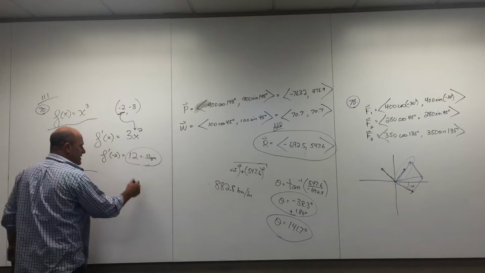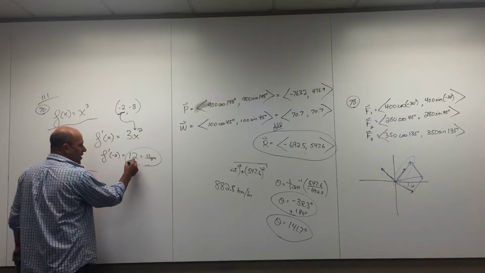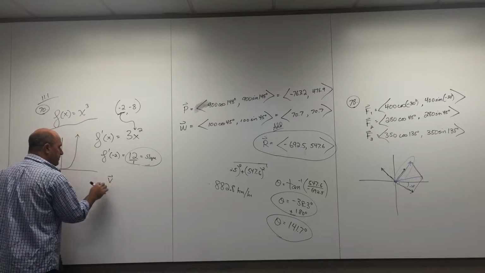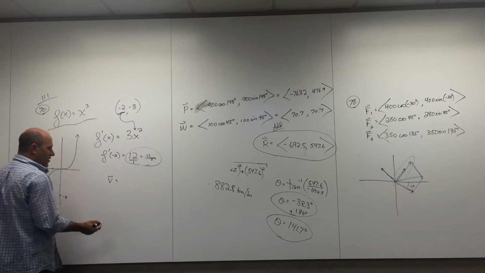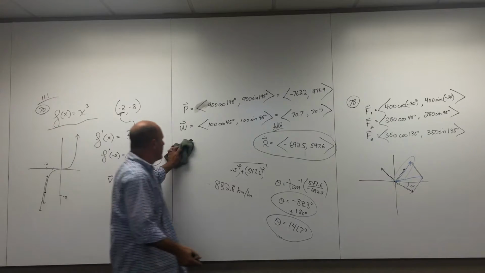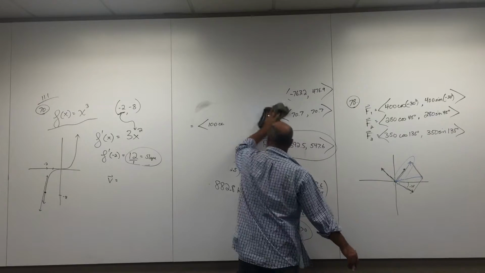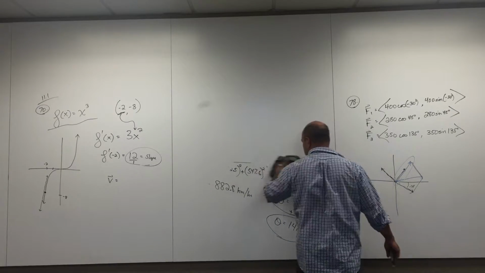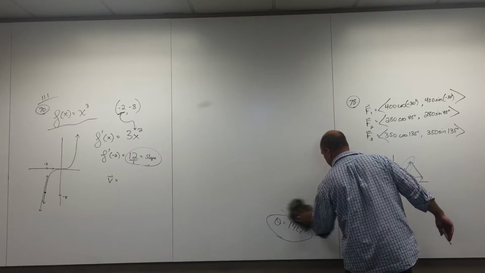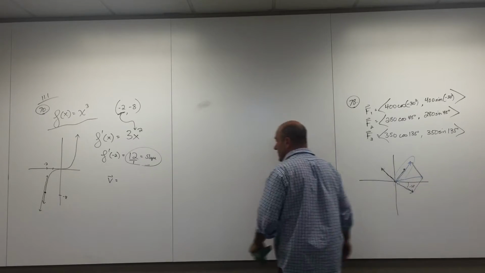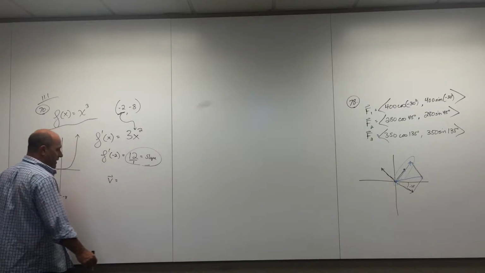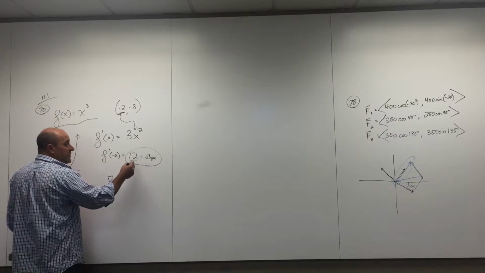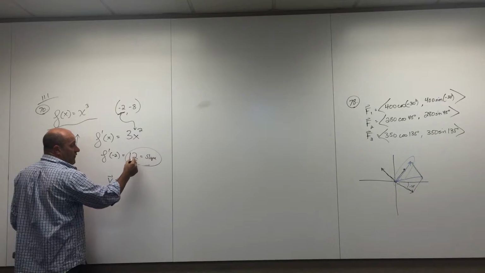So if this slope is 12, or 12 over 1, how could we write a vector out of that? I want a vector that has that slope. Does that mean the slope's 90-degree angle? Well, no, it's steep, but the slope is 12, 12 over 1.